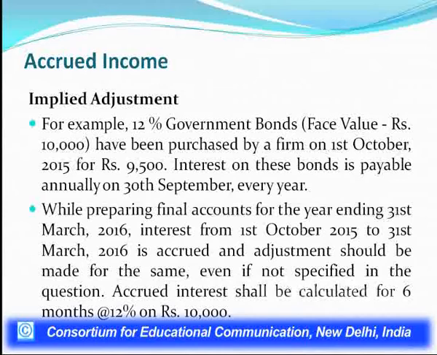So in the current year, no interest is received, but from 1st October 2015 to 31st March 2016, the interest has accrued on these government bonds at the rate of 12% per annum. So we shall calculate at the rate of 12% on 10,000, because interest is always calculated on the face value.